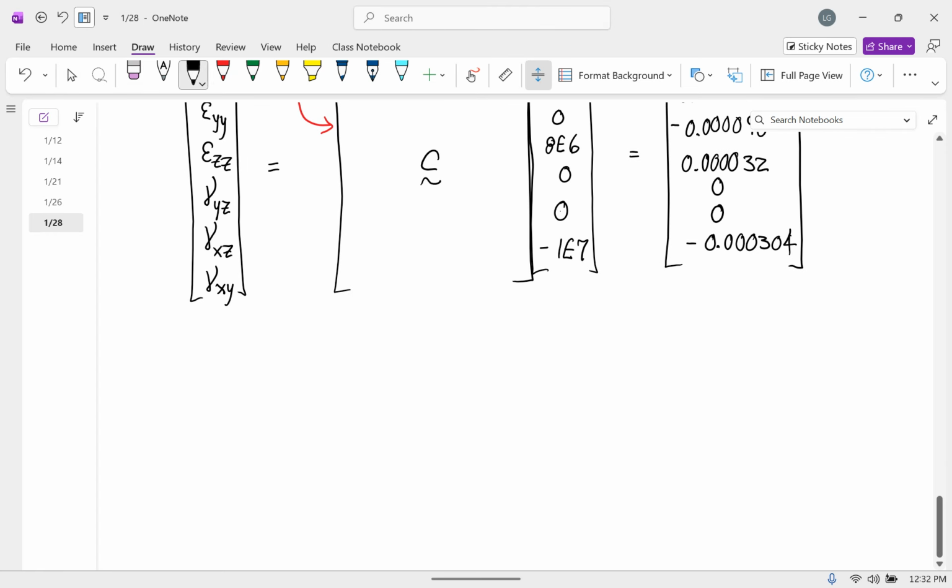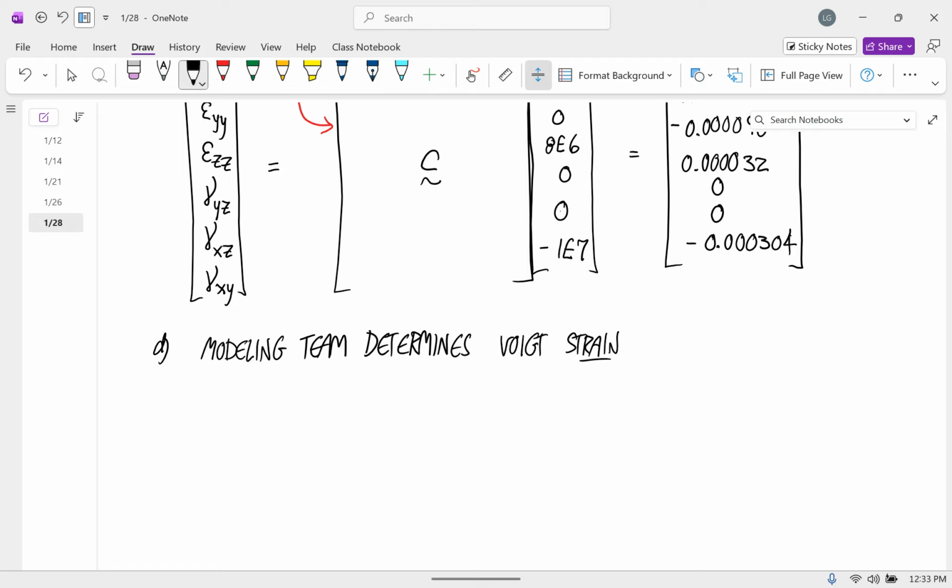You also could go the other way. So for part D, let's say now the modeling team determines that the Voigt strain at a point is, so let's say, 1.5 times 10 to the minus 5, 0, negative 2.5 times 10 to the minus 5, negative 6.0 times 10 to the minus 5, 0, 0.